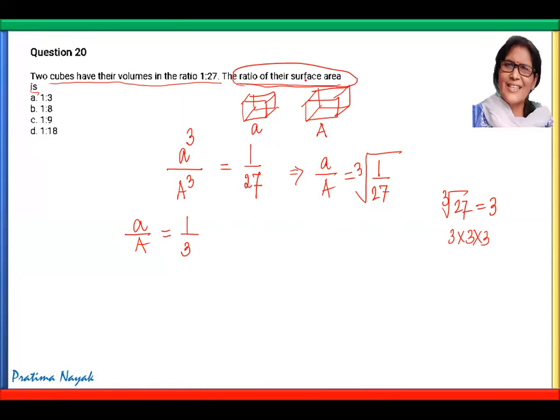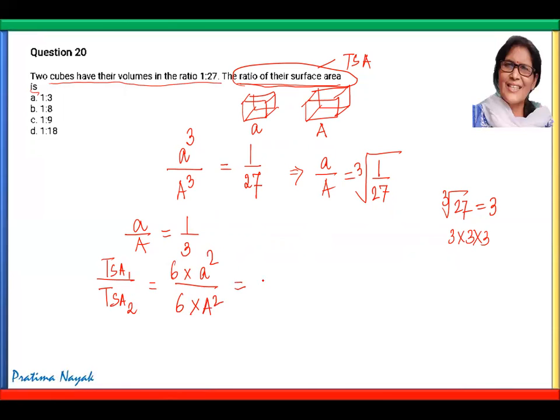When I told you, if it's not mentioned, then it will be total surface area. Unless it is mentioned lateral, it is total. So now the total surface area, TSA of cube 1 by cube 2, is equal to 6 into a square by 6 into capital A square.